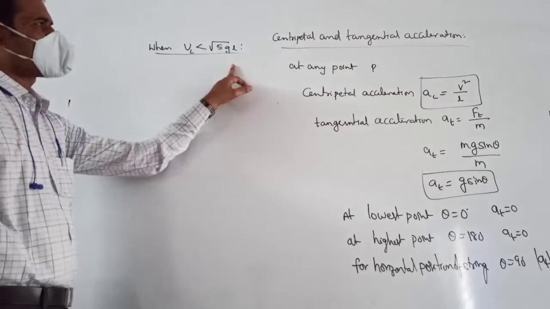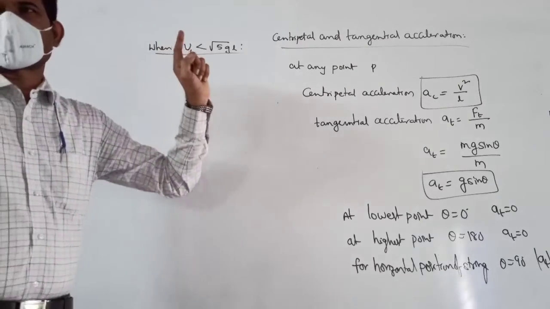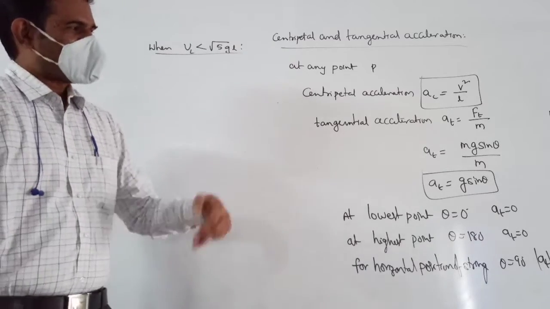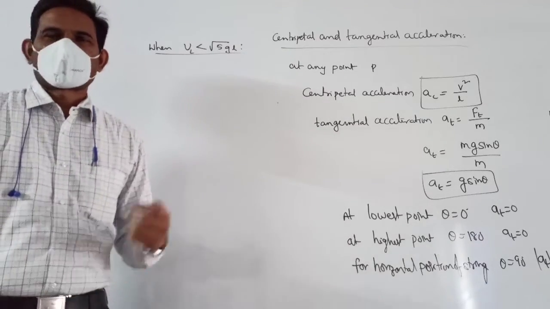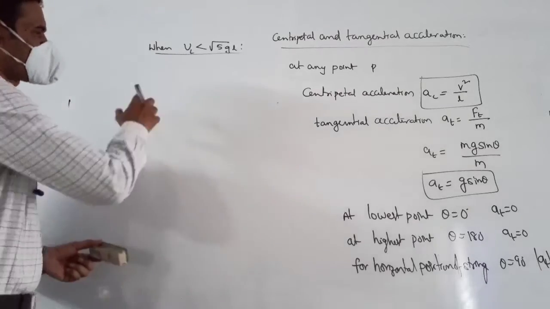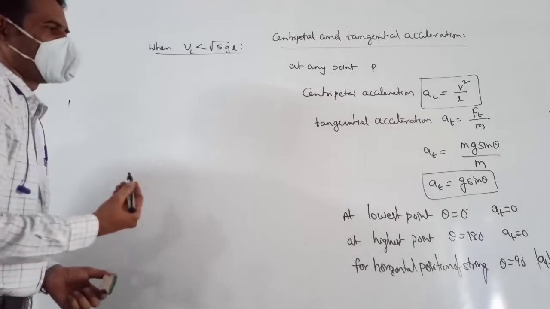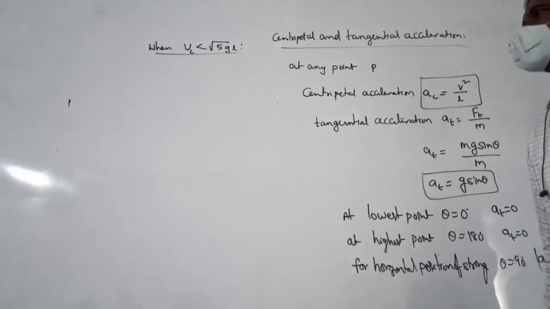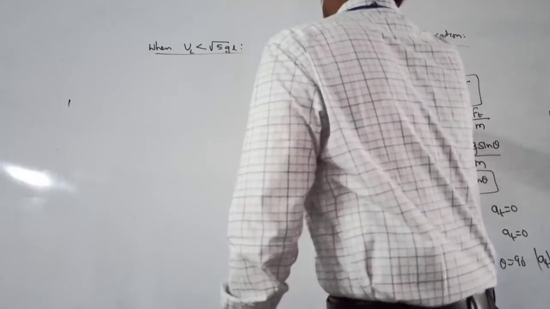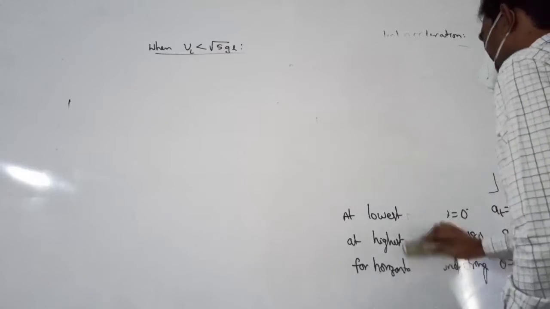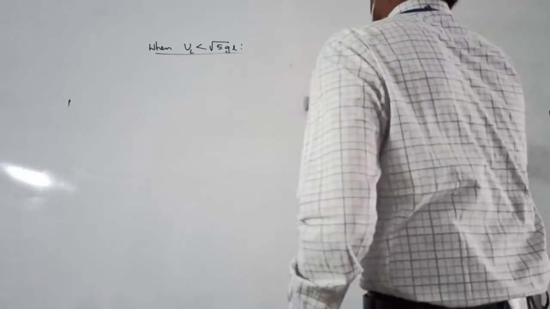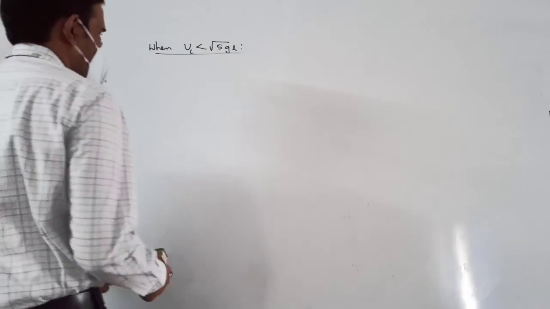Now again two possibilities are there. So first mention that sentence: when the velocity at the lowest point is less than root 5GL, then the body cannot complete the vertical circle.